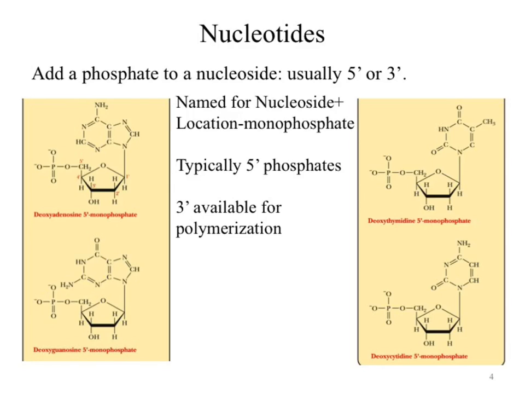Okay, so where is the phosphate group in each of these cases? If we look at our sugar molecule, our anomeric carbon is number 1, 2, 3, 4, 5. So these are all 5' monophosphates because we've put the phosphate at that 5 position.